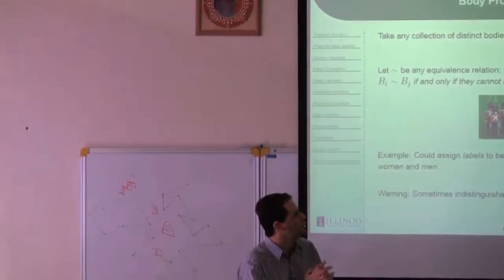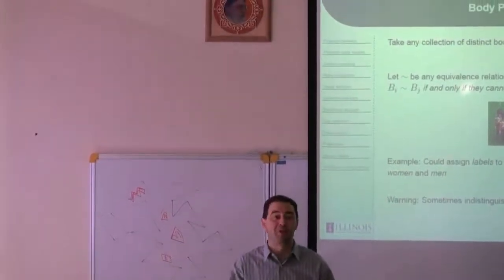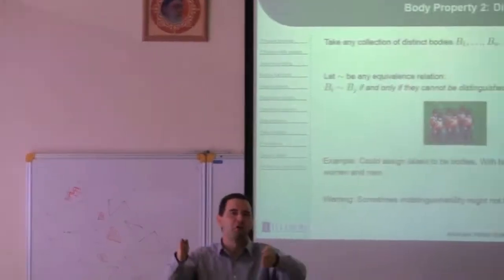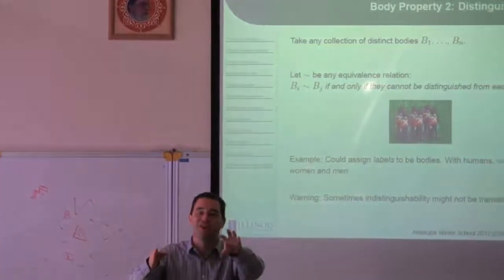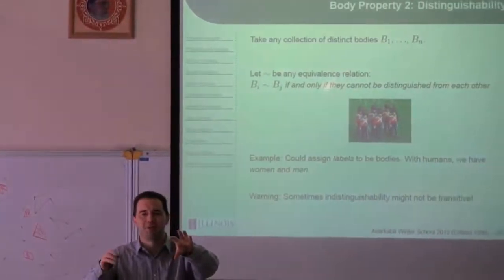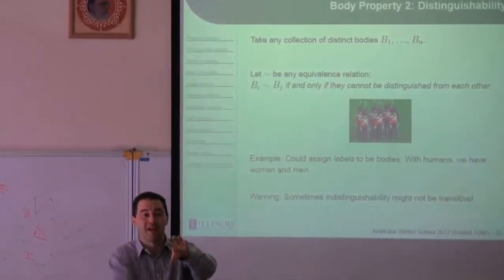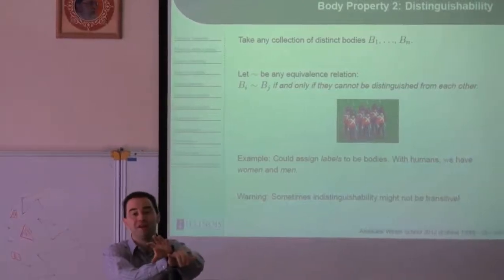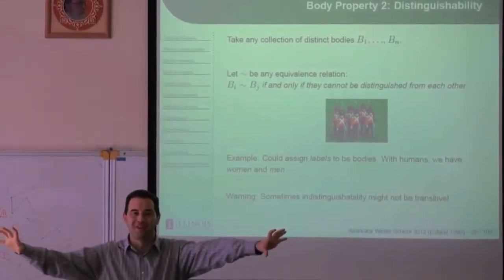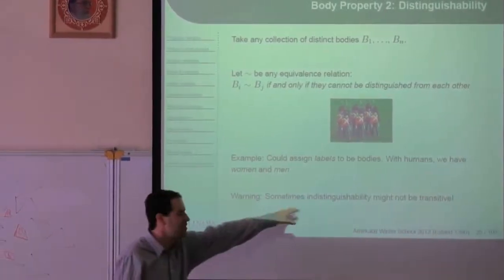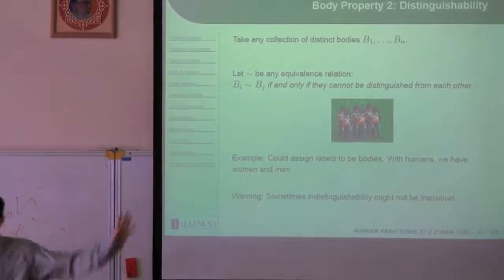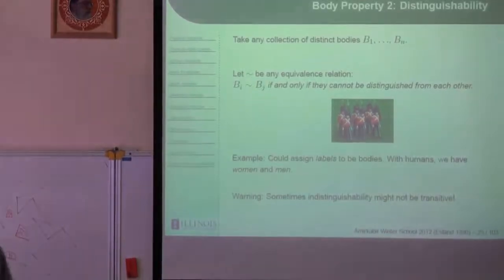So red and orange might be distinguishable from each other, but then you might have a color in the middle that's like orangish red. You might not be able to tell orangish red from orange, and you might not be able to tell orangish red from red, but you can certainly tell orange from red. So sometimes this kind of thing is not transitive, but I'm acting like it is here, so hopefully it's good enough.